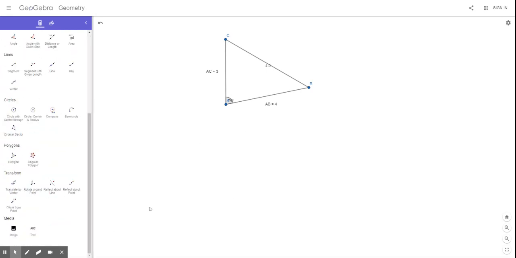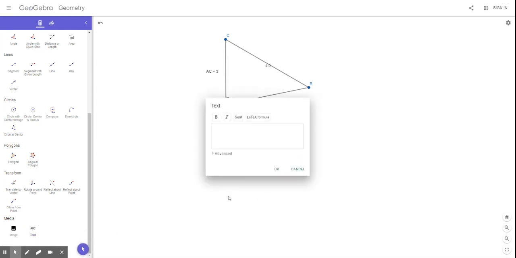Let's see if I can add some text here. If a squared plus b squared equals c squared, it's a right triangle.